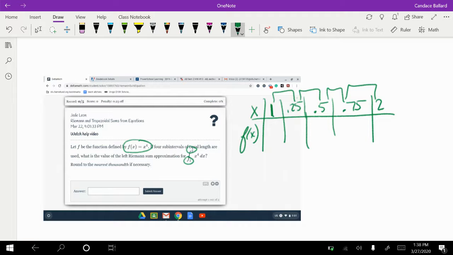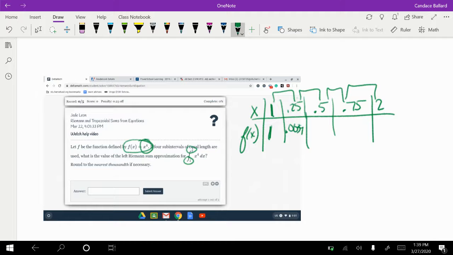I'm going to put these numbers into x to the 4th. So when I put 1 into x to the 4th, I get 1. If you bear with me, I've got to do my calculations on my calculator here. 0.25 to the 4th power, I'm getting 0.0039.